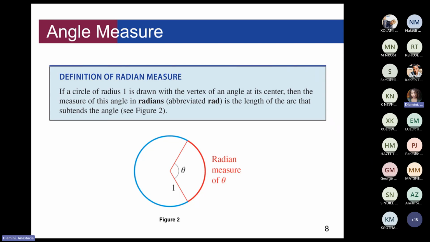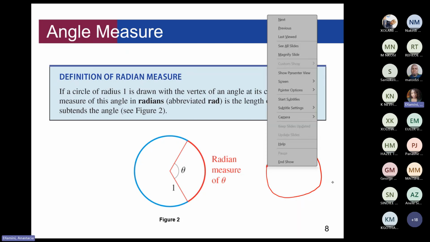If a circle of radius 1, before we go to the definition, I see something. Remember in Euclidean geometry, you had a circle like this, right? If I draw a line from here to here, what do you call that line? Not the line segment, the line.